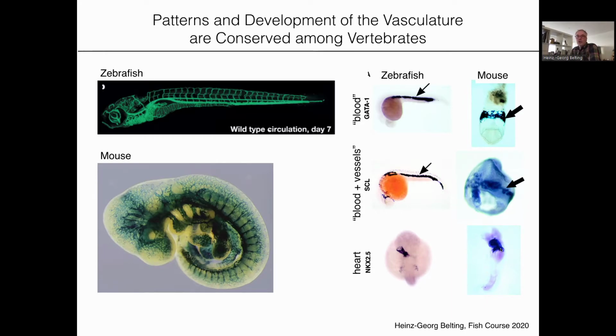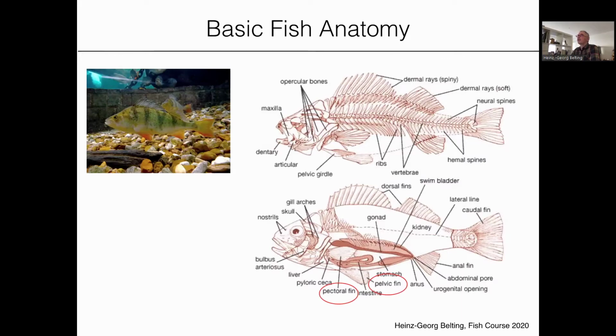I just want to walk you through a few of the basic anatomical features that are particular to fish. Everyone knows what a fish is and what it looks like, but it's also good to understand what the specific features of a fish actually are. One thing that is obvious is that you have fins.